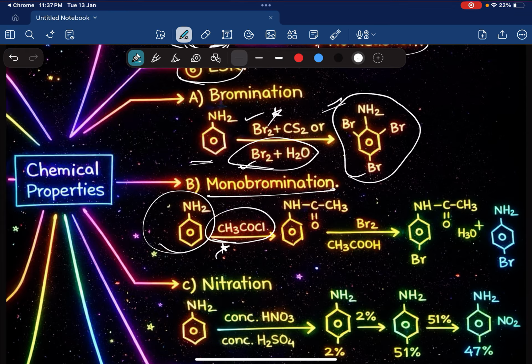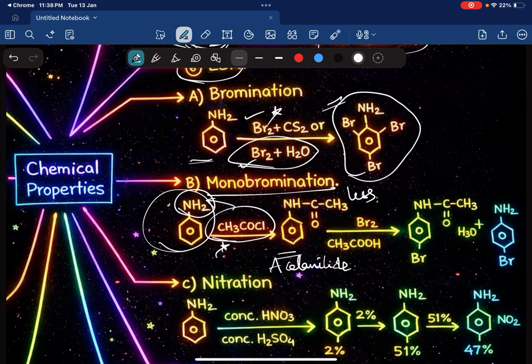For making monobromination, first we protect the NH2 group with an acyl group, using acyl chloride. Acetanilide is the product. Acetanilide is a less activating group than NH2, because NH2 is a strong electron donating group, a plus R group.